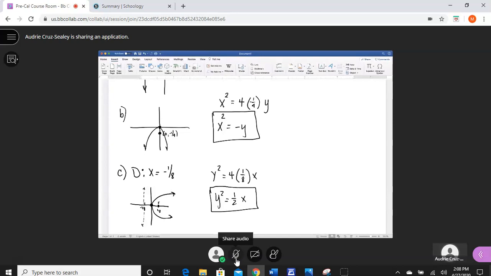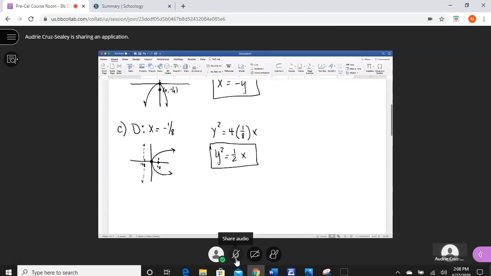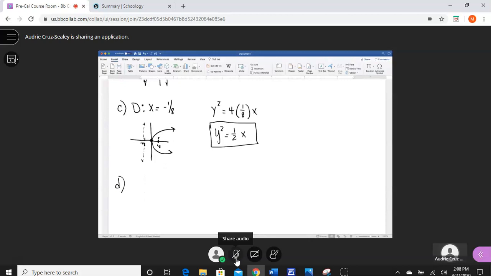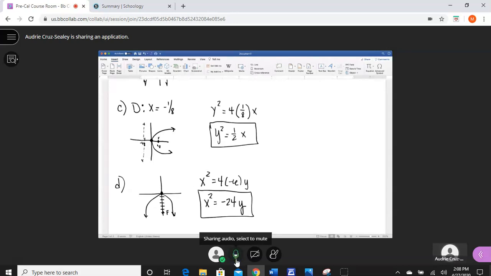All right. And then D opens downward with a focus 6 units away from the vertex. So here's your vertex at (0, 0), opens downward, so here's your focus. So you should have x squared equals 4 times -6 times y. Any questions?